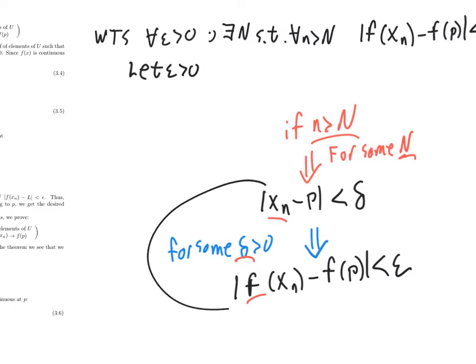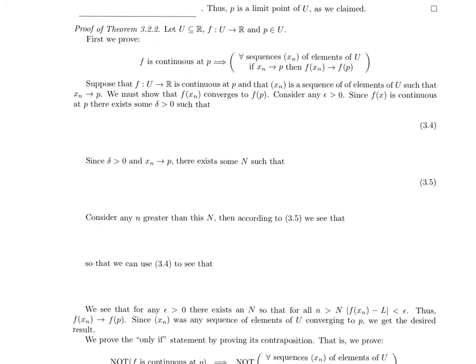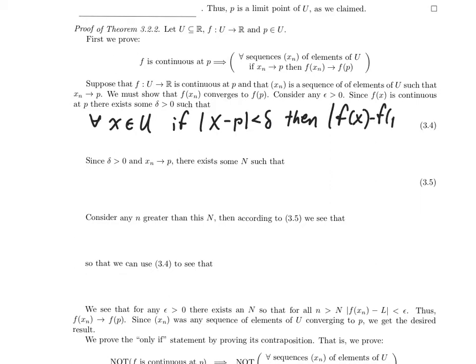There exists a choice of delta bigger than 0, such that for all x in U, if the absolute value of x minus p is less than delta, then the absolute value of f of x minus f of p is less than epsilon.